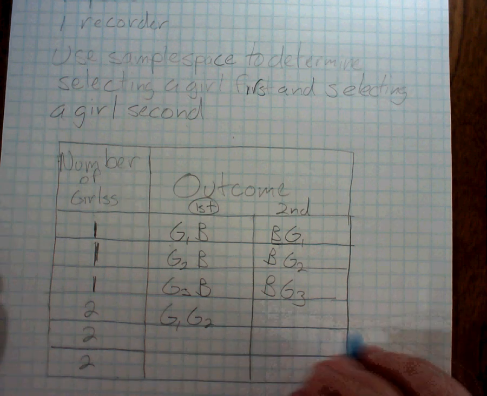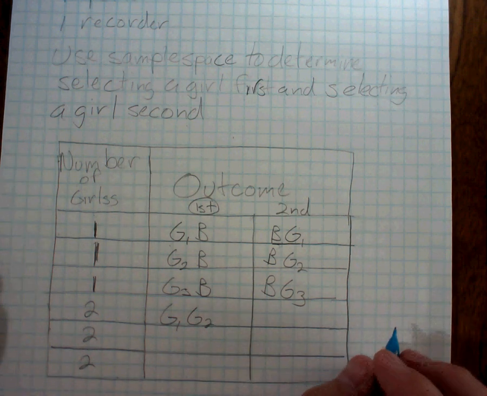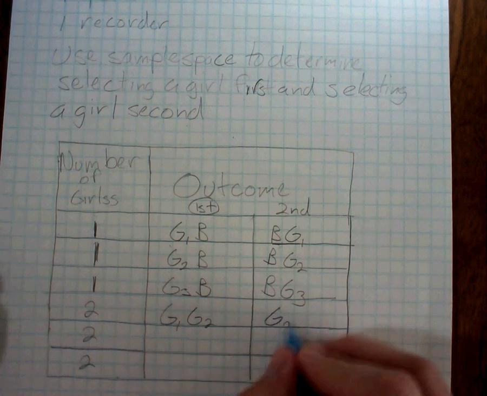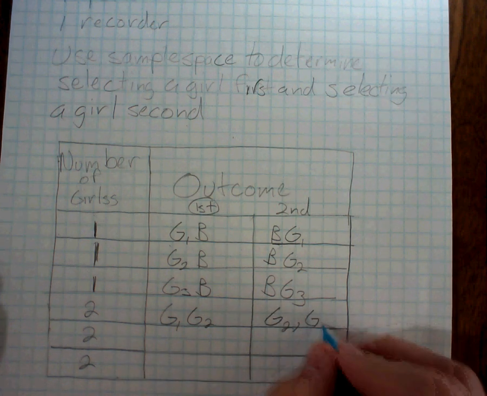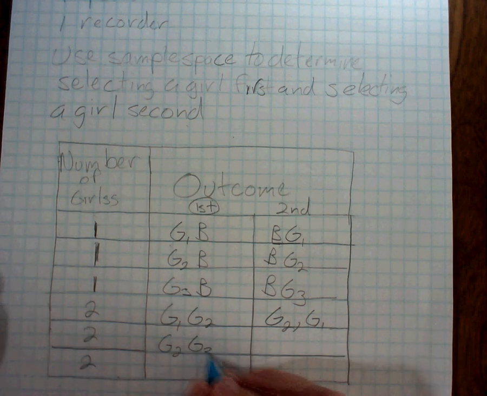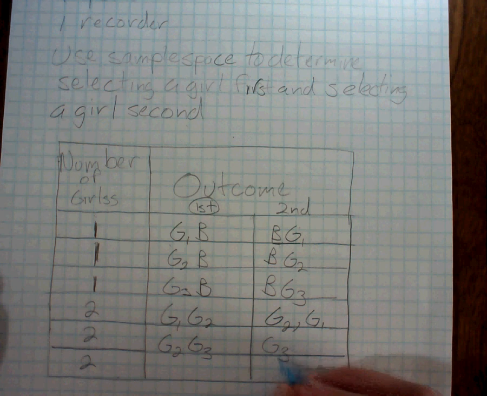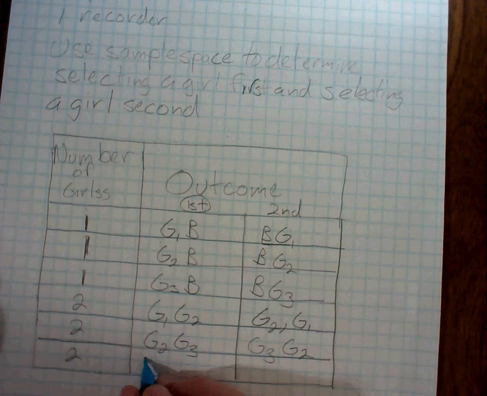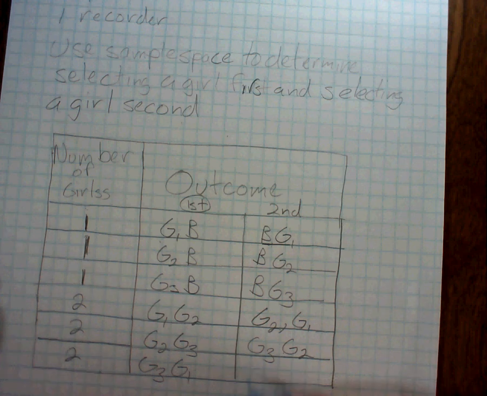And then I could possibly select girl 2 first and then choose girl 1. And then this would be girl 2 and girl 3, or girl 3 and girl 2, right? And then I could get girl 3 and girl 1. We don't have that combination yet. Or girl 1 and girl 3.